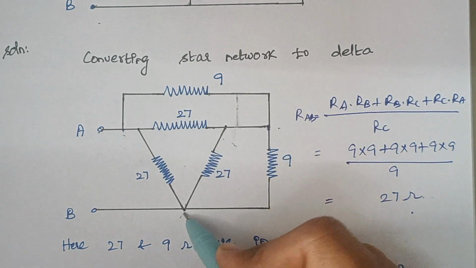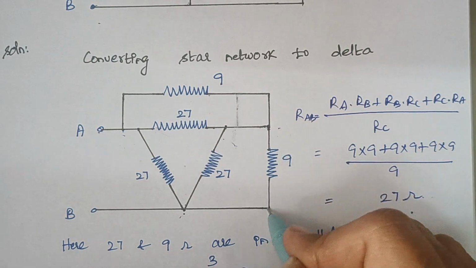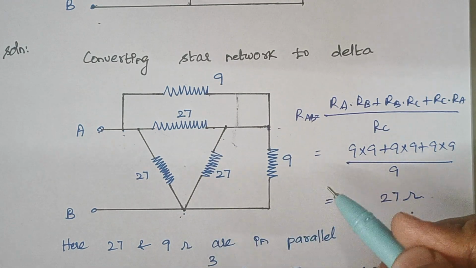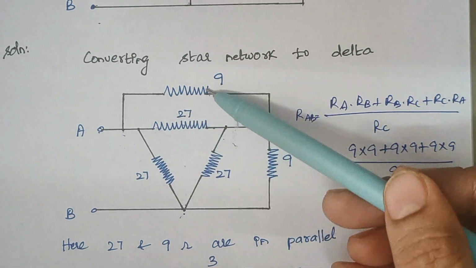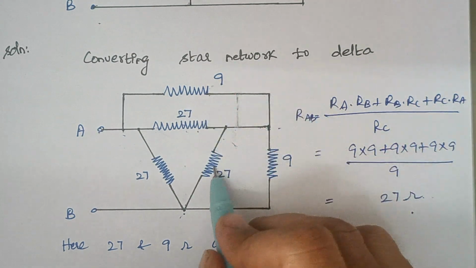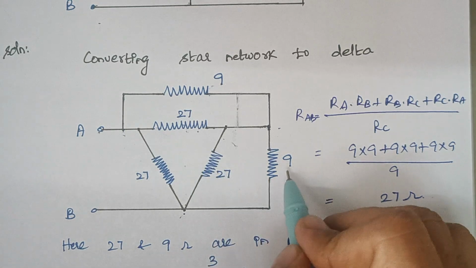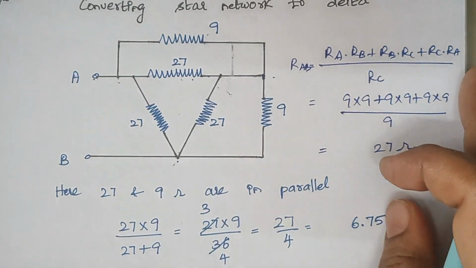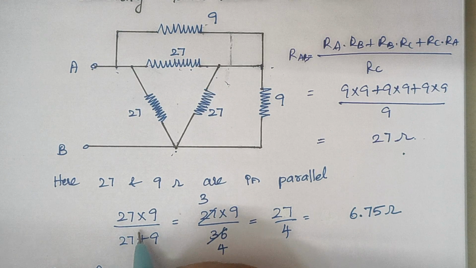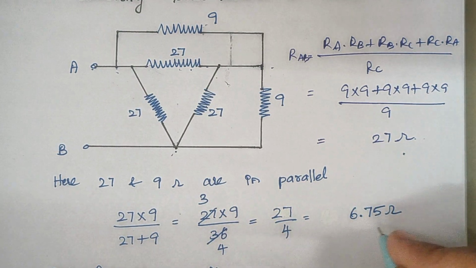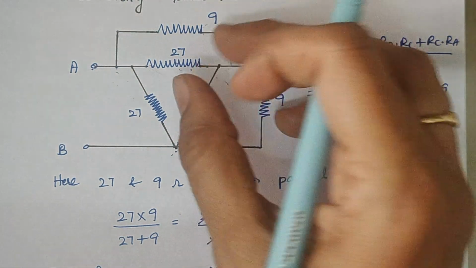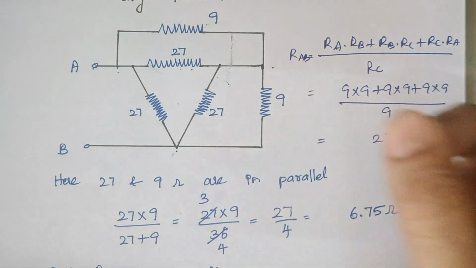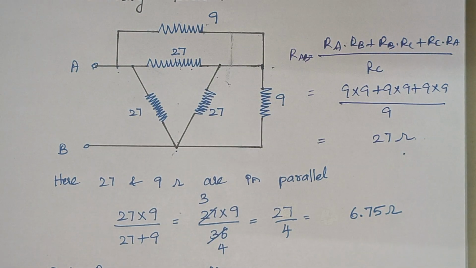Similarly, one end of 27 ohm and one end of 9 ohm are connected at the same point here, right? Therefore, these 2 resistors are in parallel, and again these 2 resistors are in parallel. So when you find the equivalent resistance, 27 into 9 divided by 27 plus 9 gives the answer of 6.75 ohm here. So this combination reduces to 6.75 and this combination reduces to 6.75, right?